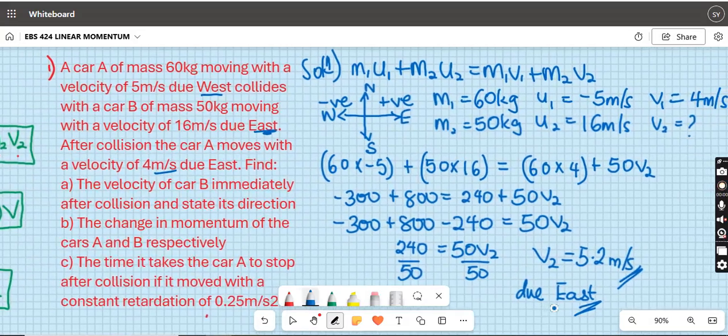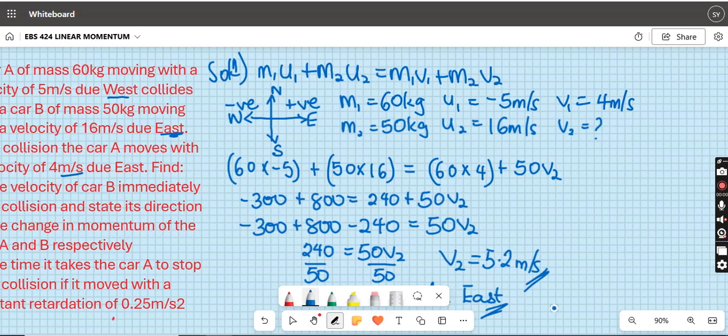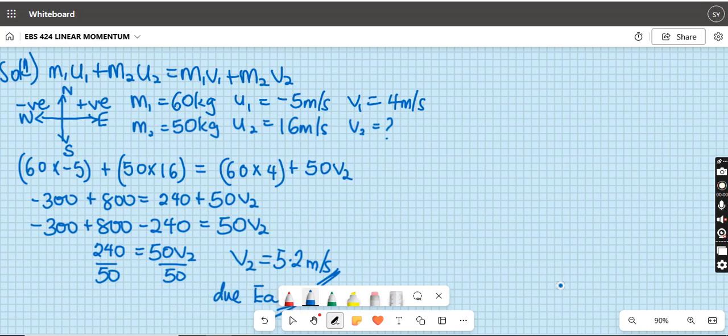Now, the second part is the change in momentum of the cars A and B respectively. Okay? Now, we know that change in momentum or impulse, the same thing, is given by m into brackets v minus u.